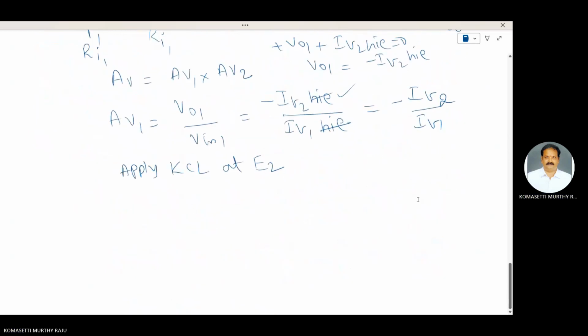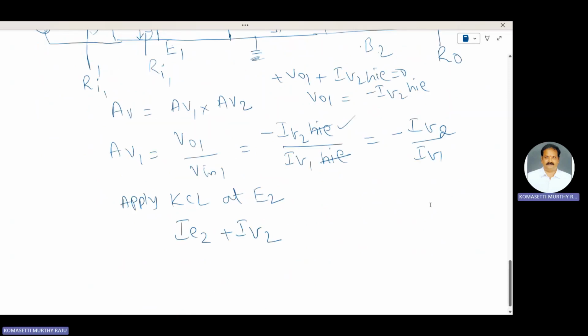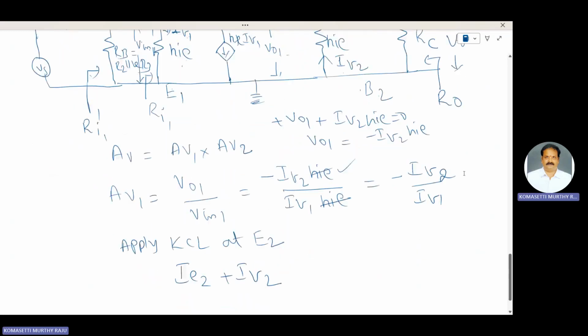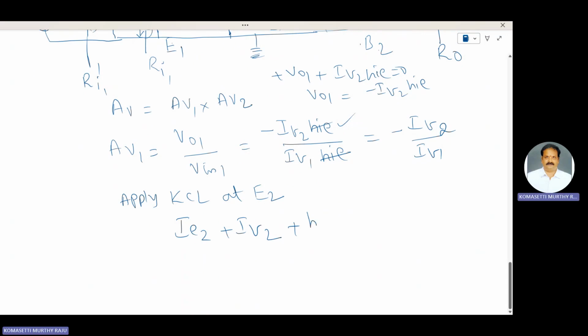Therefore, IE2 plus IB2 plus HFE IB2 is equal to zero.